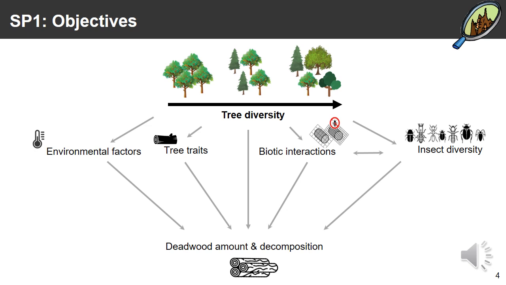So first, tree diversity can cause environmental changes such as microclimate or soil pH, which may feed back to the decomposer community. Second, tree diversity can directly affect decomposer communities through tree-specific traits, such as the wood traits shown before, or by enhancing the diversity of dead wood and forest heterogeneity.